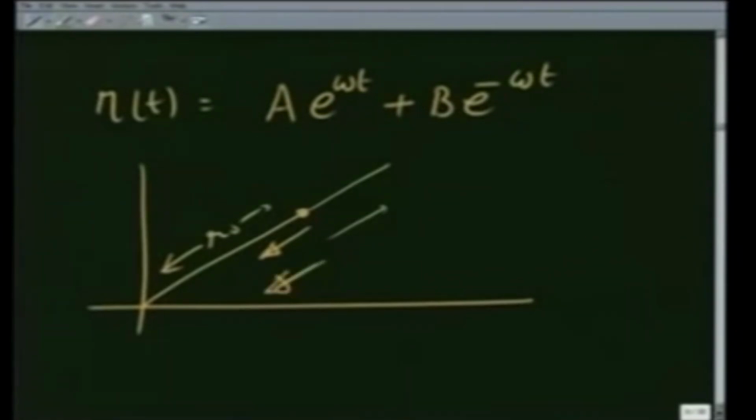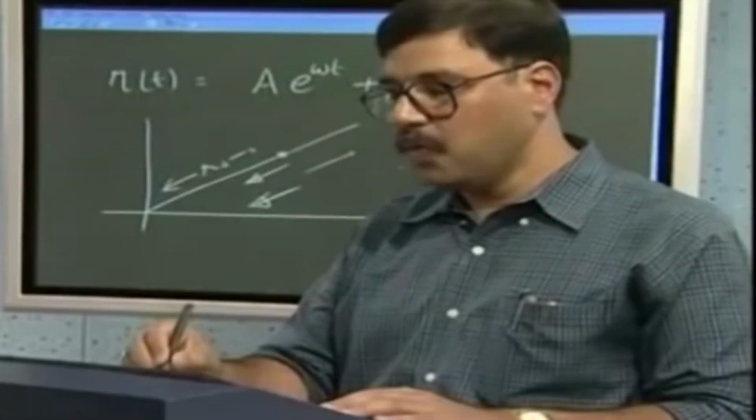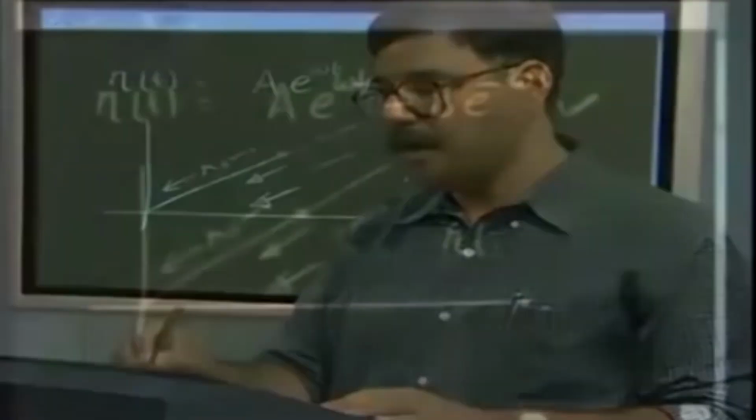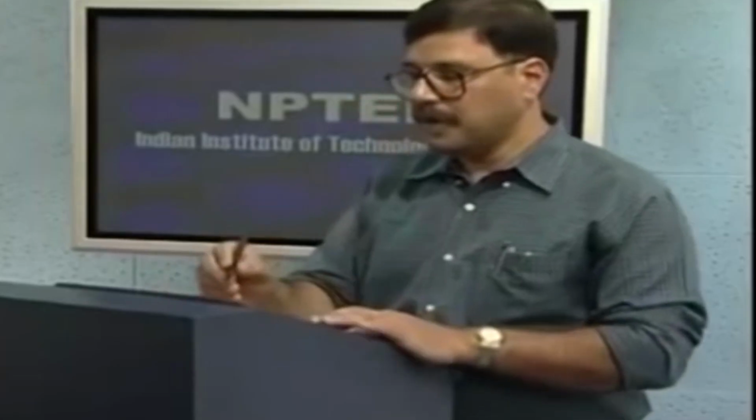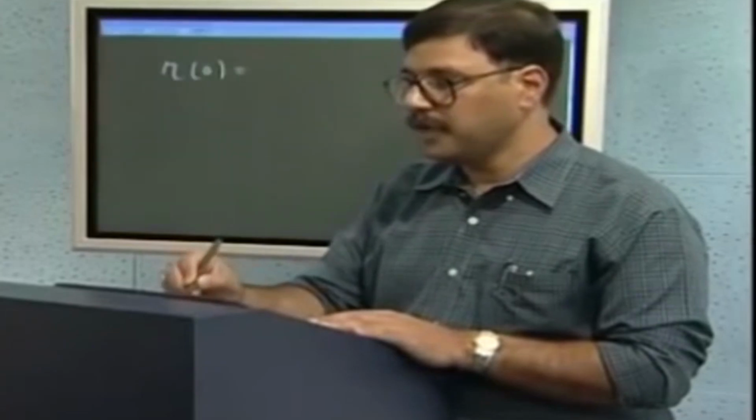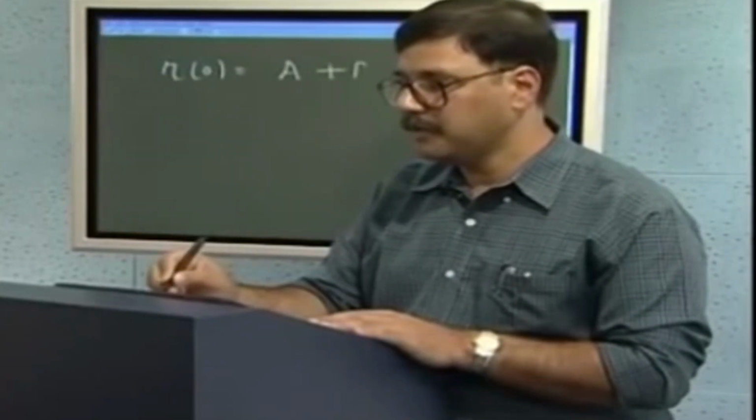This is just an interesting application of this solution. What I am asking is, what should the initial velocity be at t equal to 0 so that r dot is always less than 0, that is, r keeps on decreasing. Let us see that. I am given that r at 0, which is a plus b, is equal to r0.